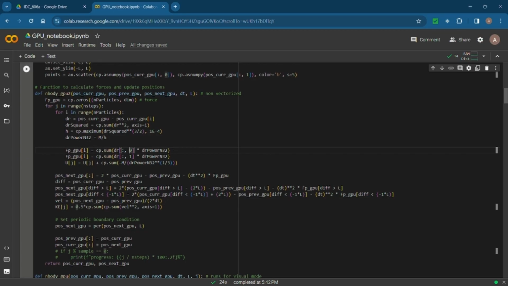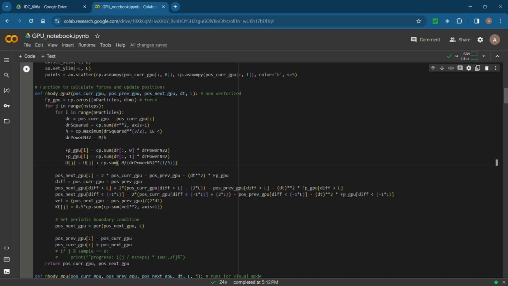When this is 1, we are accompanying the y component of the force, right? And at the same time, we are also simultaneously calculating the potential energy of the particle. So if we are calculating a total potential energy, then at a particular time step j, we are doing uj equals uj plus the sum over this minus m by this thing, which is the potential.